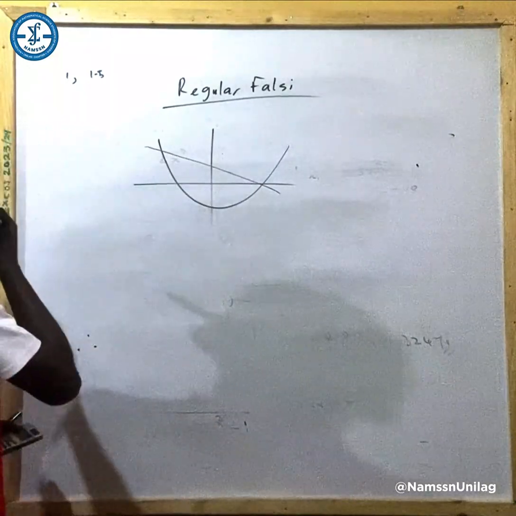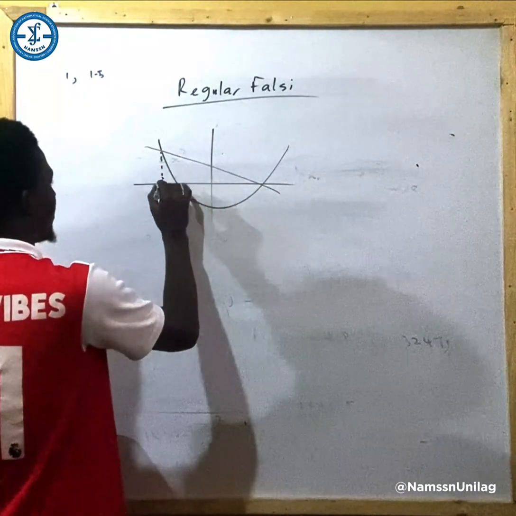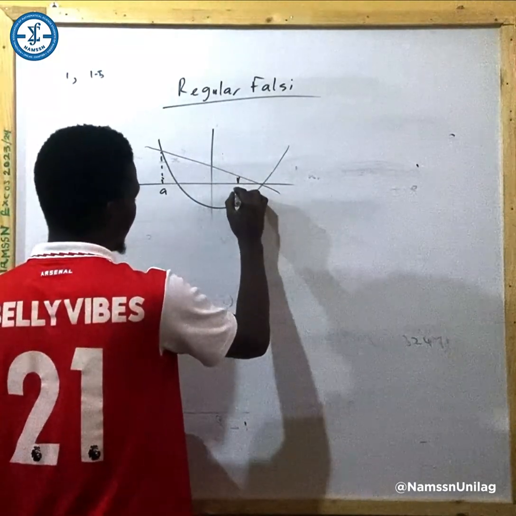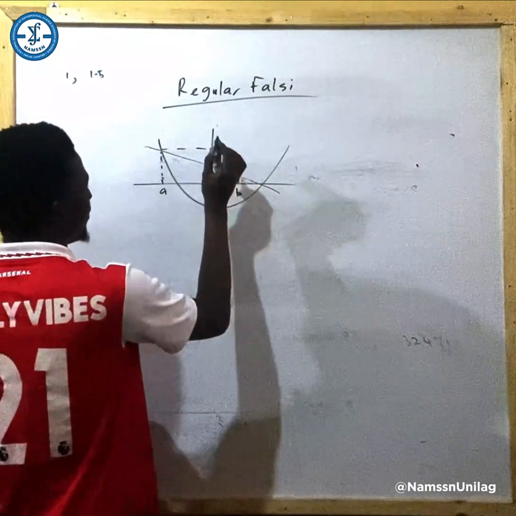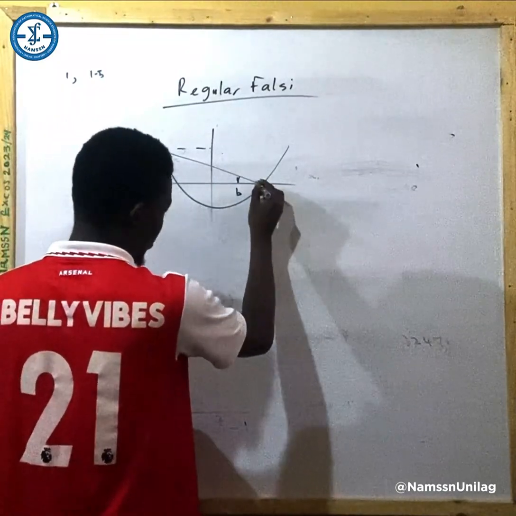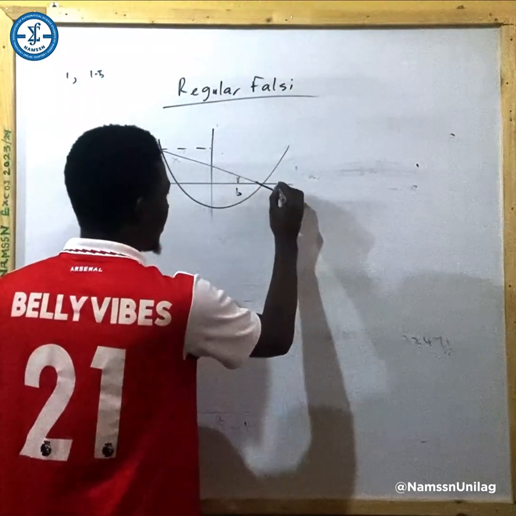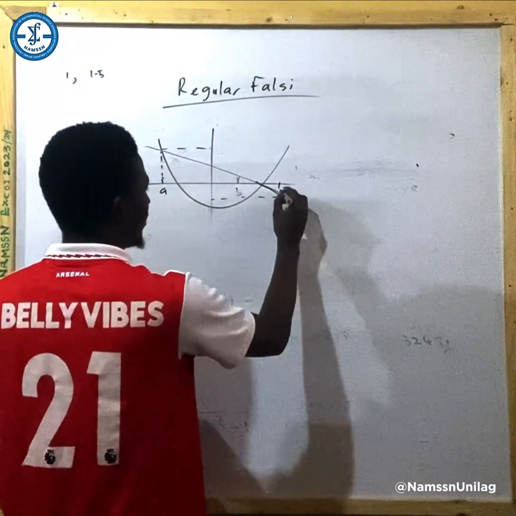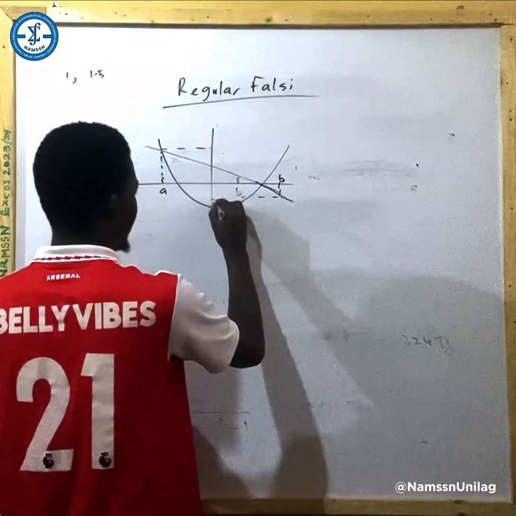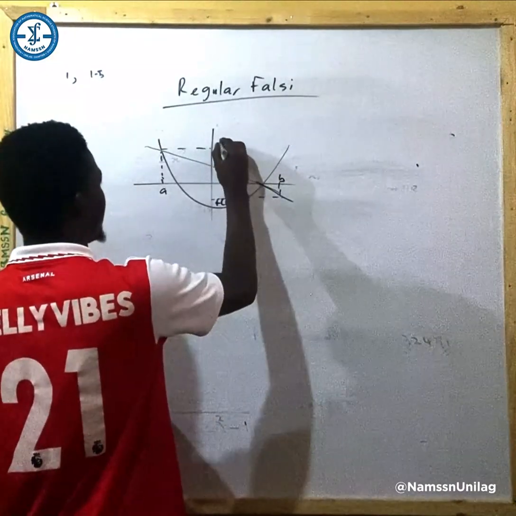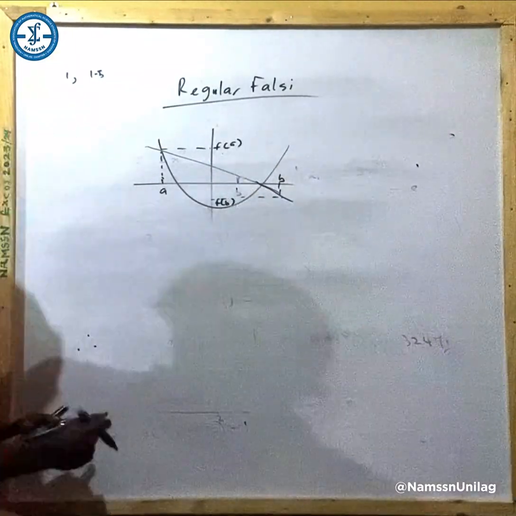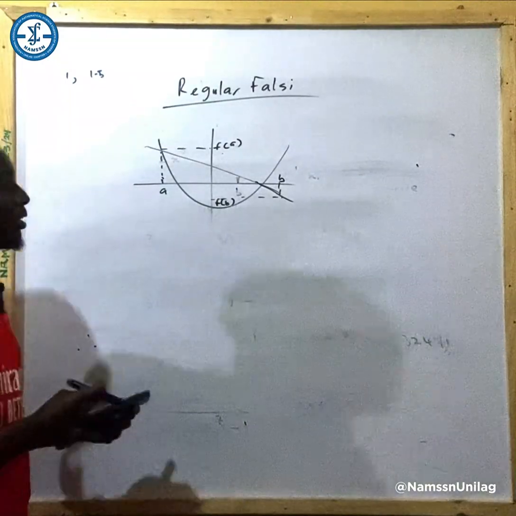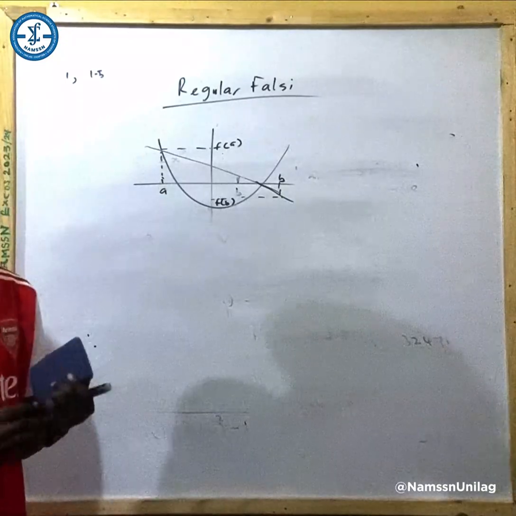Now, if here is A, and let's say here is B, then this is B, then this can be f of B, and this is f of A. So the regula falsi method uses the 2-point form in coordinate geometry.